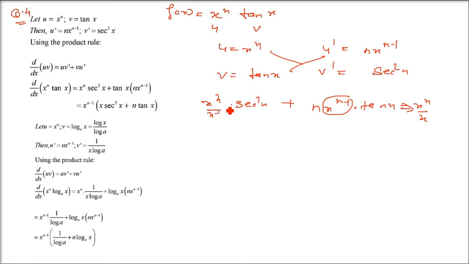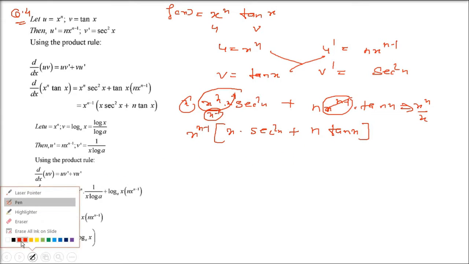So we are taking x raise n minus 1 common, so we have to divide it by x. So it goes x raise n minus 1, and there has to be an x in the numerator. So x raise n minus 1, you have x sec square x, and here also we have taken x raise n minus 1, you have n tan x.